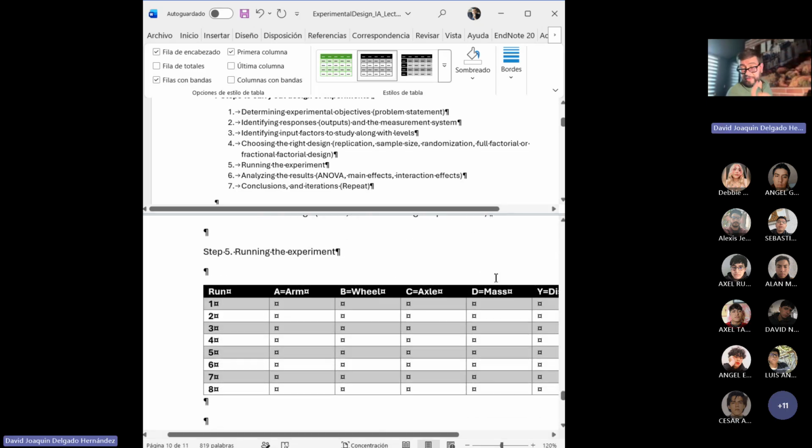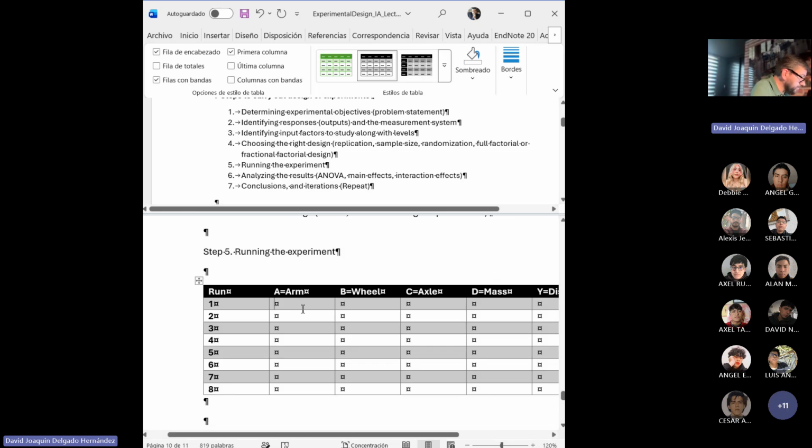In design of experiments, the values that I am going to put here in this table are the default values for a fractional design. So you take them for granted. In a fractional design, these are the values always. You don't have to worry about where I am going to get these values.